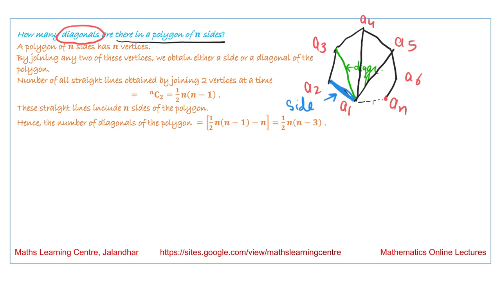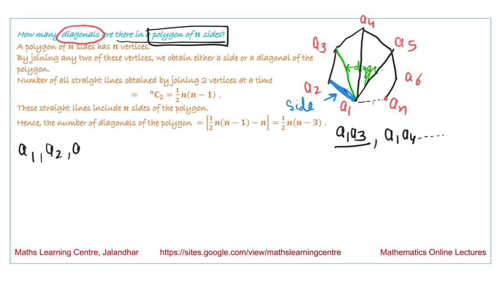So basically A1, A3 will represent a diagonal, A1, A4 will represent a diagonal, and so on. So we are talking about a polygon with n sides, and I list these as n vertices: A1, A2, A3, A4, and so on up to AN. Then automatically it will have n sides.